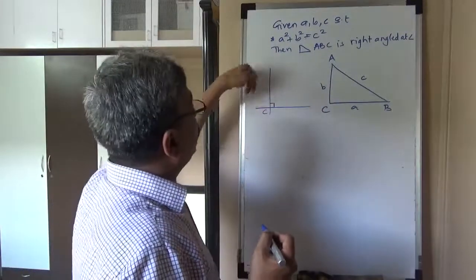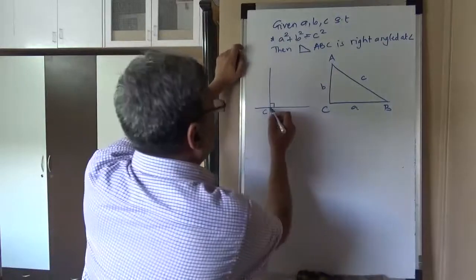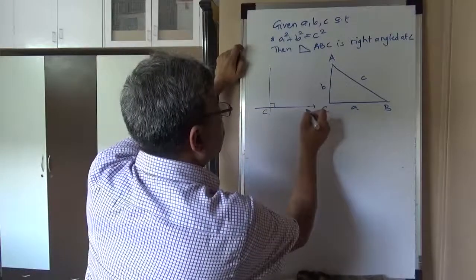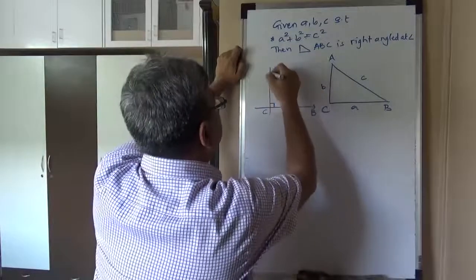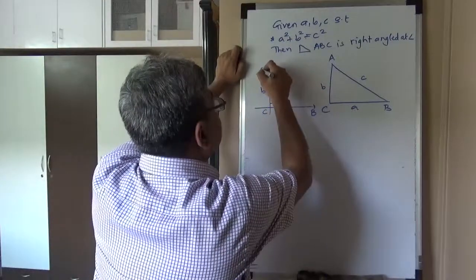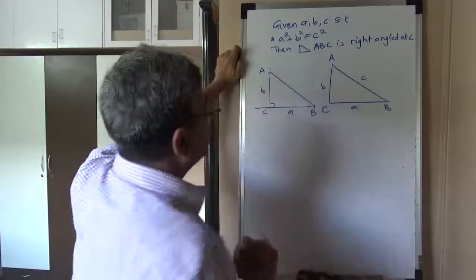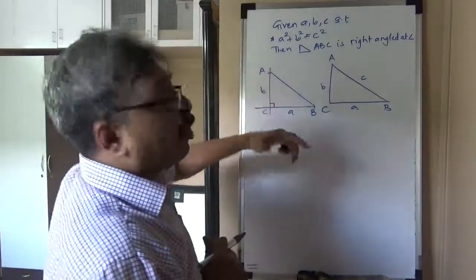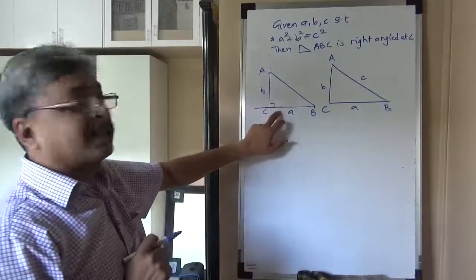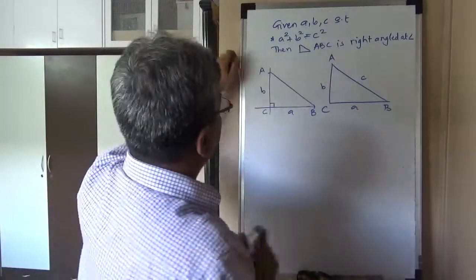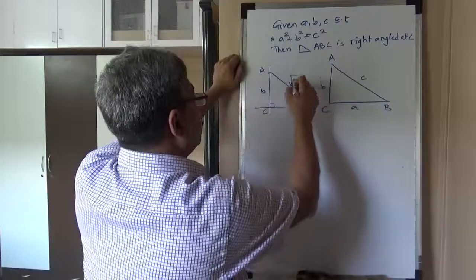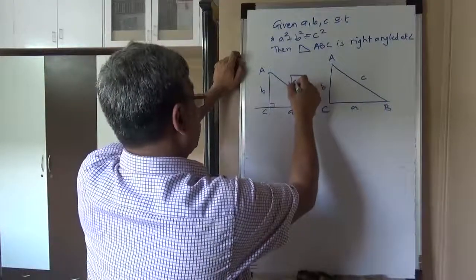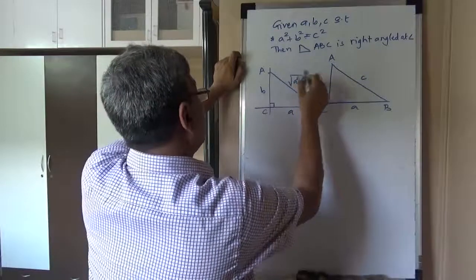So what we do is we construct perpendicular, we cut a length of distance a here and call it as B, and we cut a length of b here and call this as A, and join AB. Right? Now we have proved Pythagoras theorem, therefore this is a right angle triangle which we have constructed, and hence the side AB, using Pythagoras theorem, will be a square plus b square.